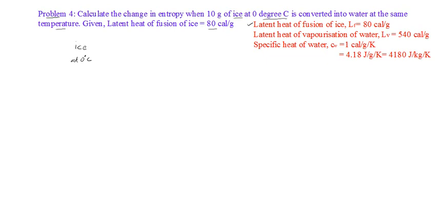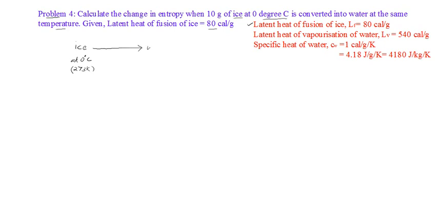See that you do not forget about that one. So let me say that it is at 273 Kelvin. Do this conversion then and there. Ice at 0 degree Celsius has to be converted into water at the same temperature. So it's just converted into water.